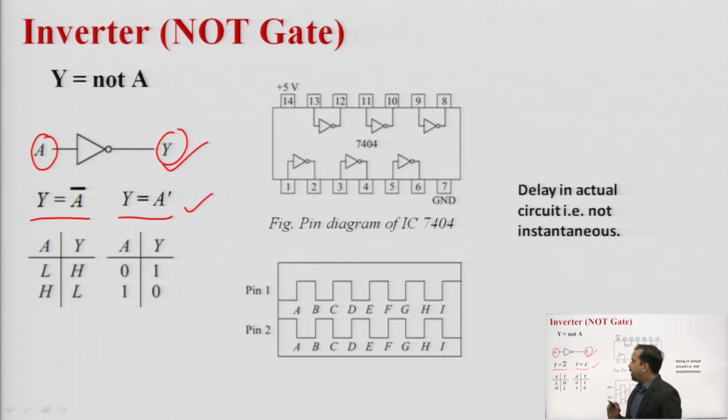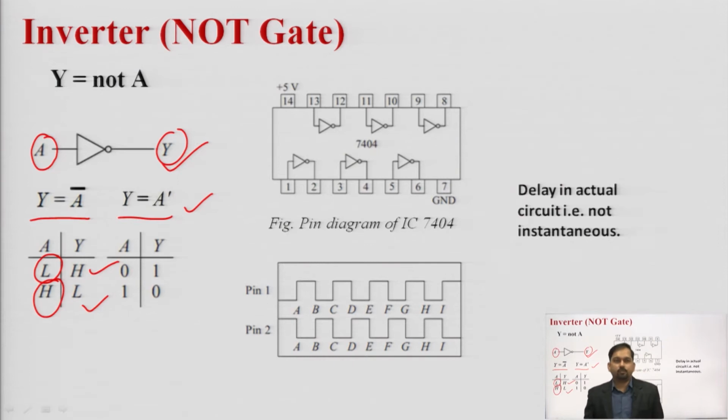We can see this NOT gate as follows: if we are providing a low voltage, then the output will be inverted. If we are providing low, then automatically the output will be high, and if we are providing high voltage, then automatically the output will be low.